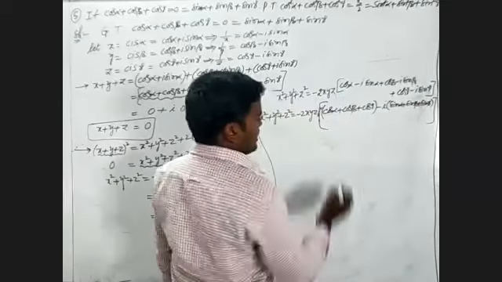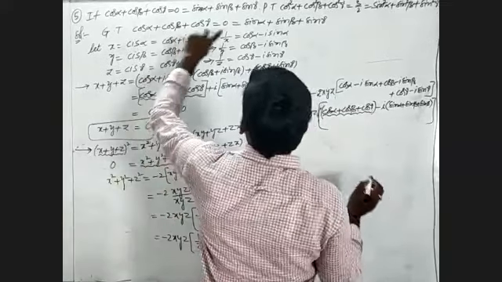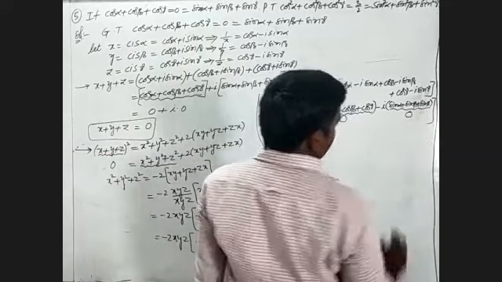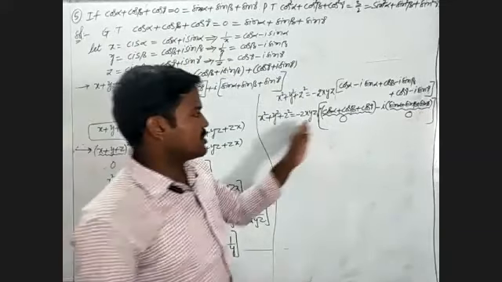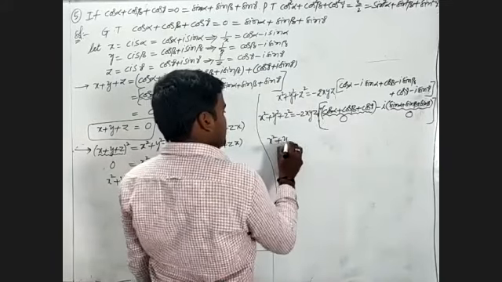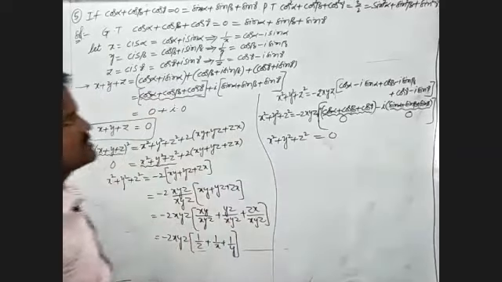By the problem, cos alpha + cos beta + cos gamma is 0, as well as sin alpha + sin beta + sin gamma is also 0. 0 into any value is also 0. So x square + y square + z square = 0.